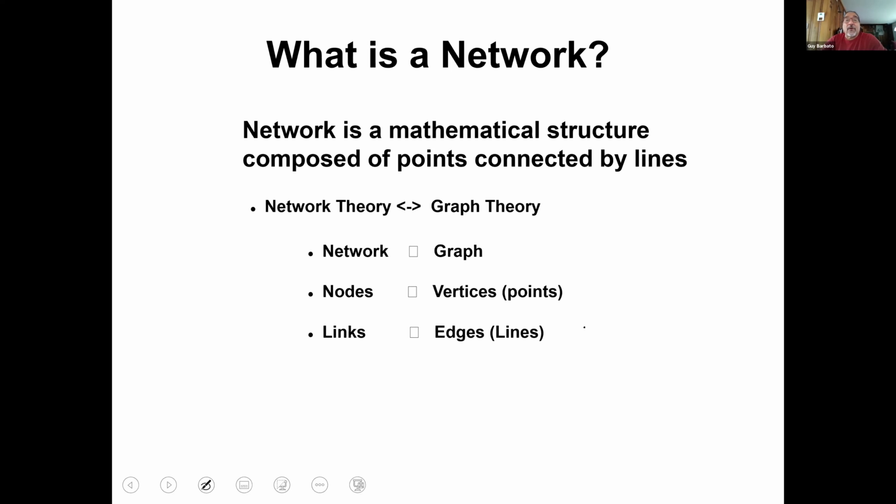So when we think about graphs or networks, because we have points and lines, we talk about those points and lines as if they are nodes. So those circles are nodes that are connected by links.